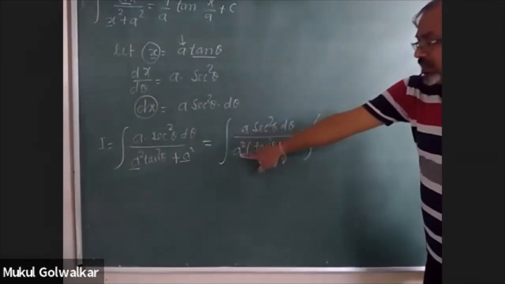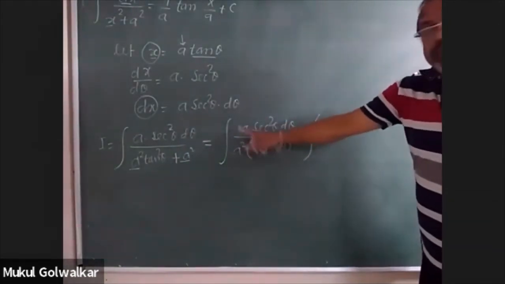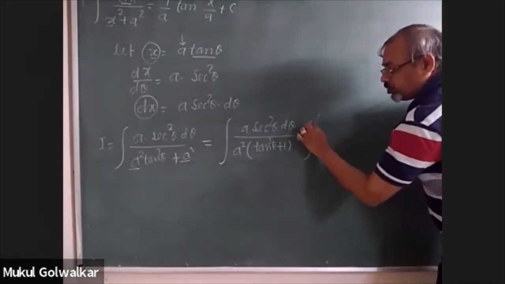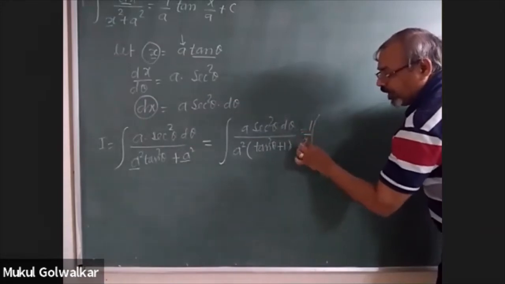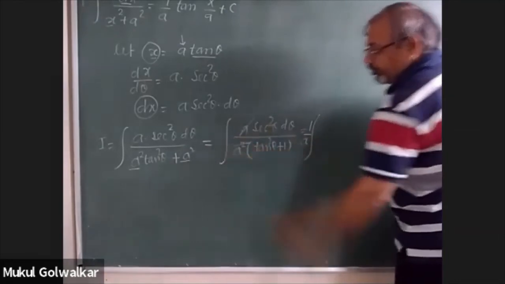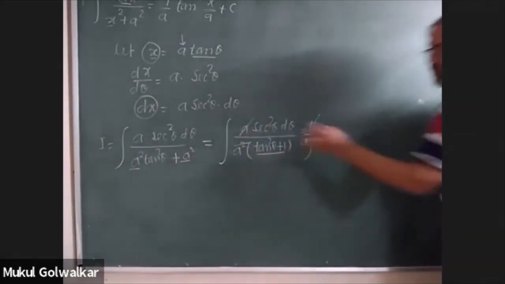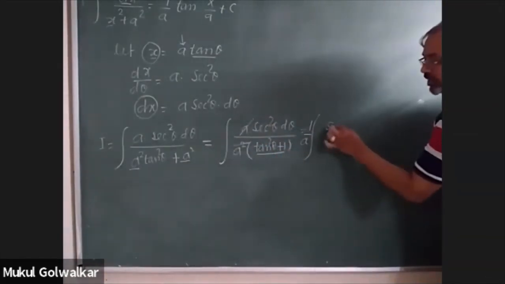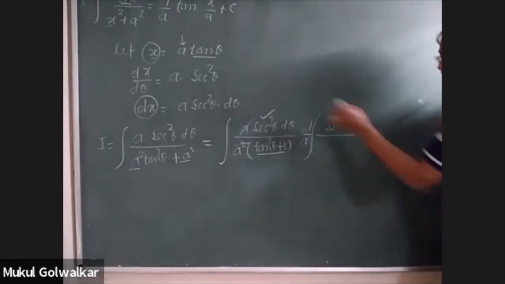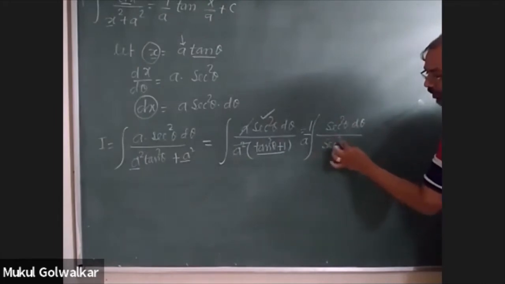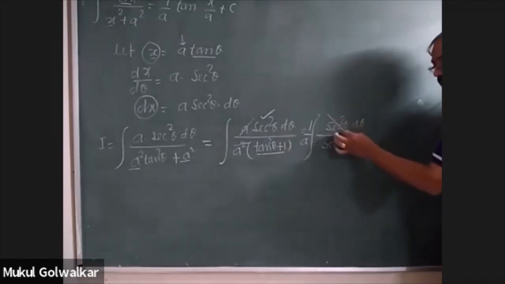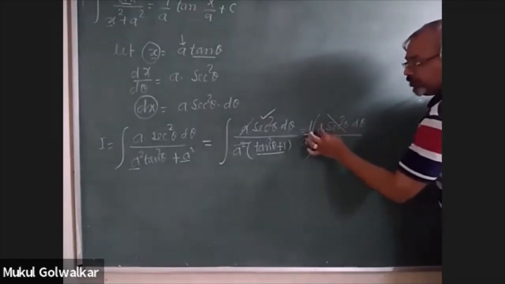This a and this a square can cancel each other, and we are left with 1 upon a. And this 1 upon a, being a constant quantity, I am writing outside the integration. Now 1 plus tan square theta is also sec square theta. So in the numerator, sec square theta d theta, and in the denominator 1 plus tan square theta is equal to sec square theta, and this quantity also gets cancelled and we are left with 1.